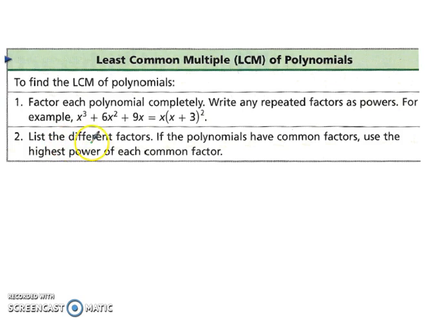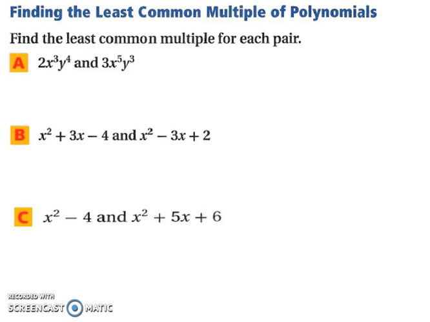List the different factors. If the polynomials have common factors, use the highest power of each common factor. Let's practice. So let's look at the least common multiple for a. I think it's helpful to do your numbers separate from your variables when you're looking at monomials.